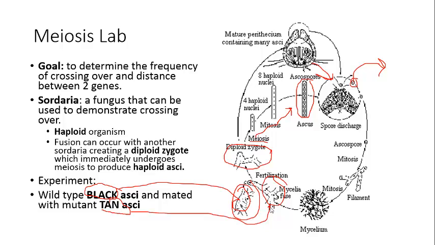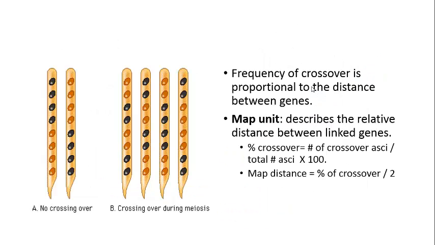zygote, it immediately undergoes meiosis, returning it back to being haploid. If you look at the arrangement of the spores inside the ascus, and this is the key part, you can tell whether or not crossing over took place between the two Sordaria. If no crossing over took place, then you're going to have the simple alignment of 4 tan and 4 black spores inside each ascus.